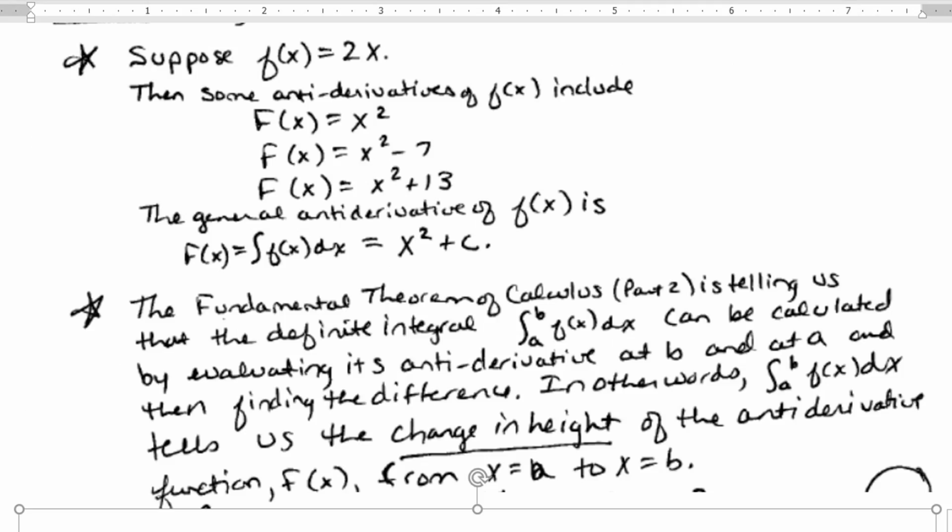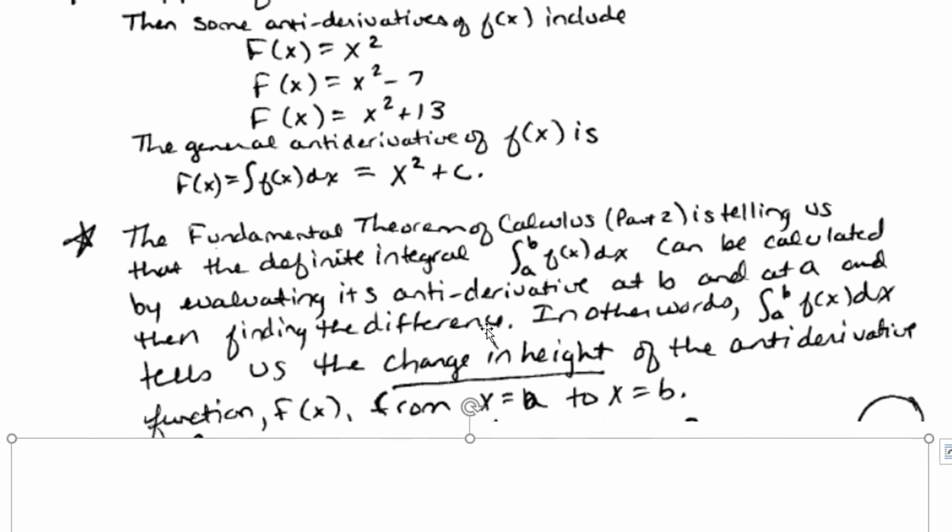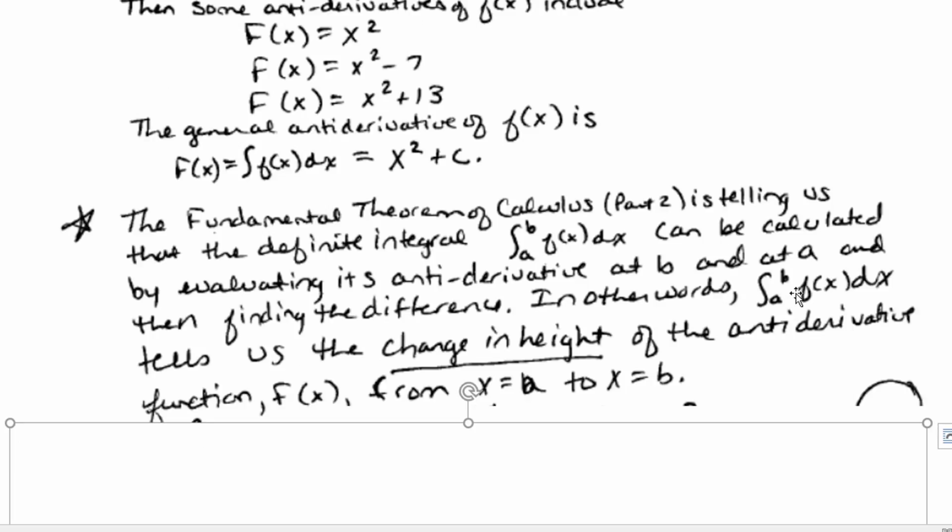The fundamental theorem of calculus is telling us that the definite integral of little f of x from x equals a to x equals b can be calculated by evaluating its antiderivative at b and a and then finding the difference between the two values. In other words, this definite integral tells us the change in height of the antiderivative function capital F of x from x equals a to x equals b.